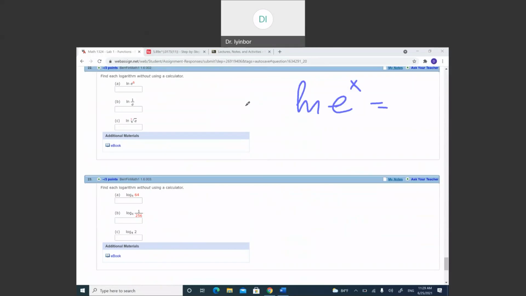So the answer is x. Looking at my number 22a, ln and e cancel. And what is left? We are left with the number 6. That's all. The exponent is 6.